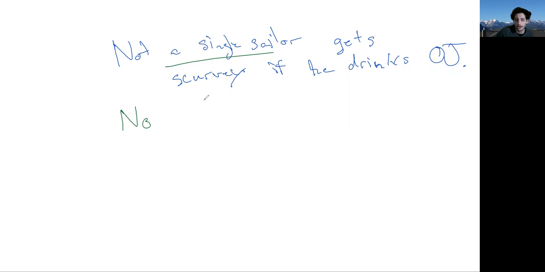And then it'll be a simpler step to bring it to an even cleaner English version. The idea is it's still going to be the exact same sentence. It's just by the end of the day, hopefully, I have something that's more obviously linked up to logic or more obviously translatable. So here we're going to say no sailors. So if I say not a single sailor, I'm saying no sailors. Oops.